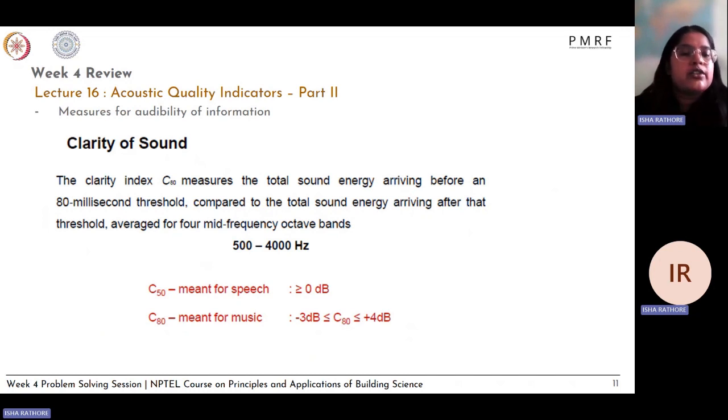This is averaged for the four mid-frequency octave bands, which are between 500 and 4,000 hertz. C50, which considers a sound threshold of 50 milliseconds, is meant for speech, and C80, which considers the 80 millisecond threshold, is meant for music.